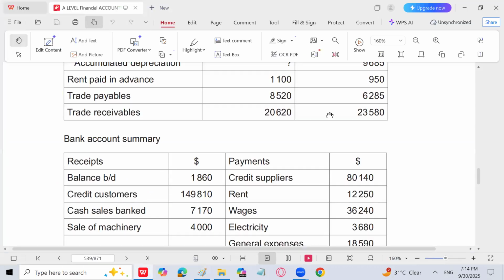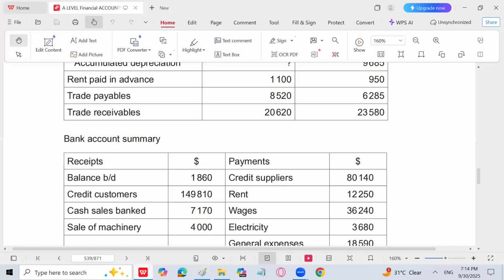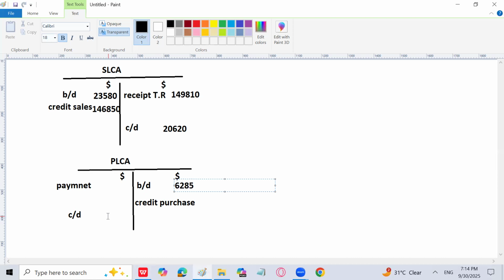Trade payables at the start is 6285, at the end 8520. So I will write on the credit side the liability here, 6285. Liability always has a credit balance. And 8520 I will write here, carried down. It is also a credit balance, then it will move forward to the next period, and it will come on the credit side.